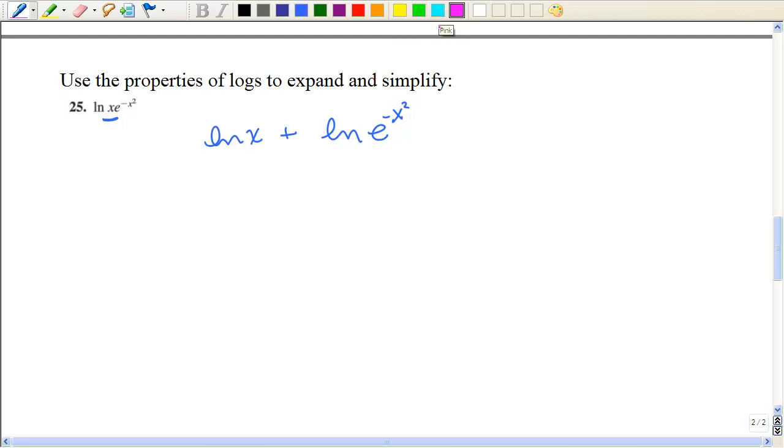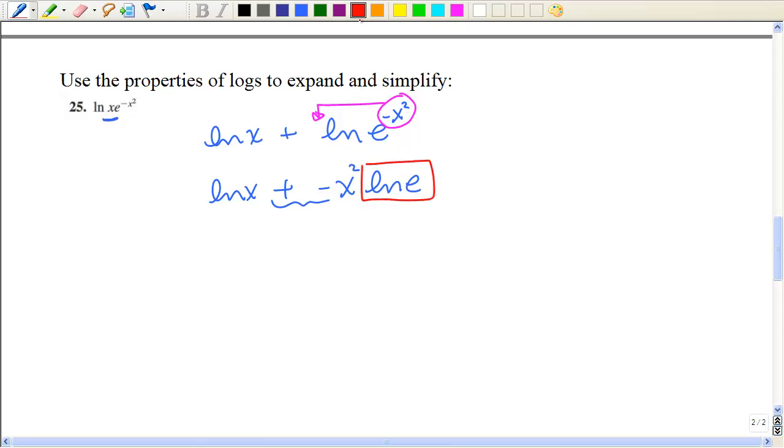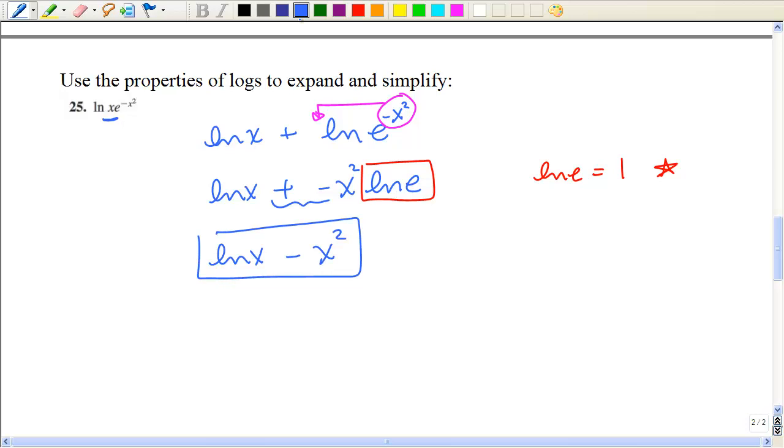But let's just go ahead and use that third property and move this down in front. Sorry, I wrote that double sign, but I think I'll clear that up in just a minute. The natural log of e is always equal to 1. So I can rewrite this as the natural log of x minus just x squared.